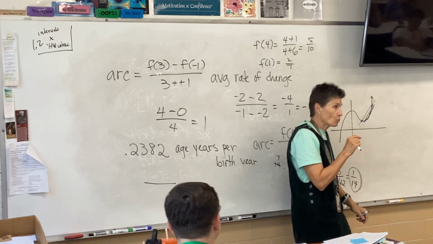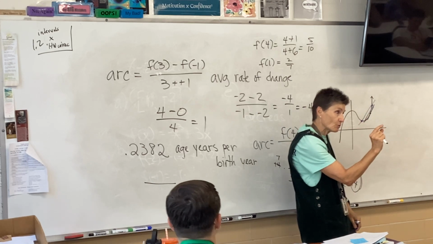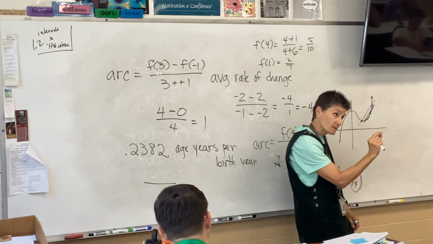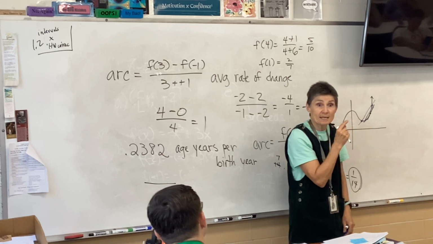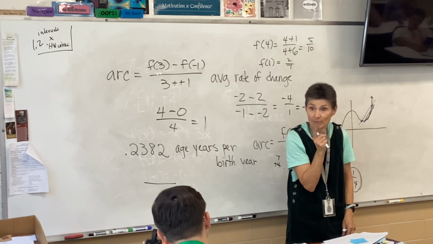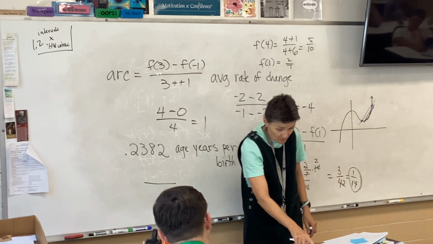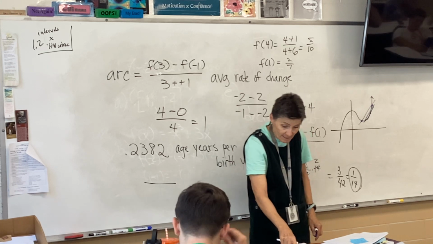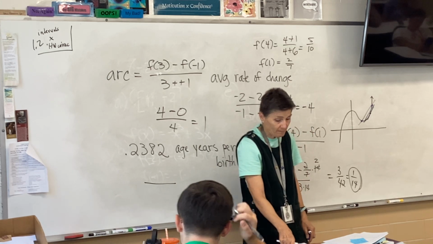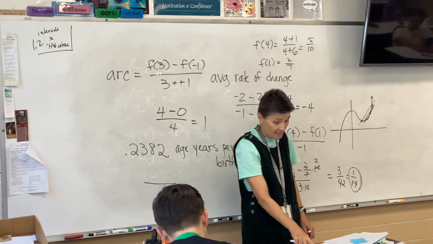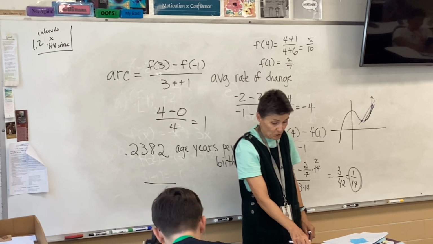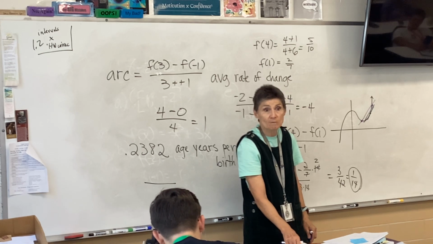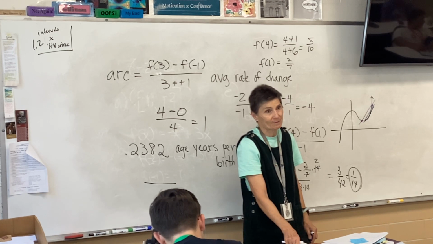So the moral of the story is, the closer together you can get those points, the closer to the instantaneous rate of change you'll have. Would you agree? So here we go, it's up there at the top. We can approximate the rate of change at a point by using the average rate of change over small intervals.